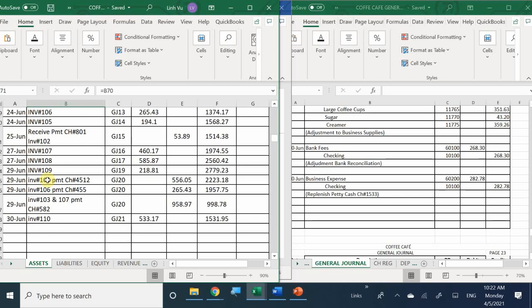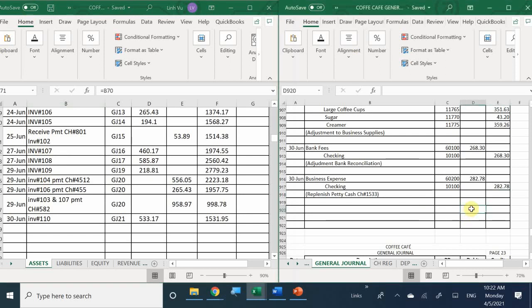So let's go ahead and calculate it. What's 5% of the 1531? Anybody?